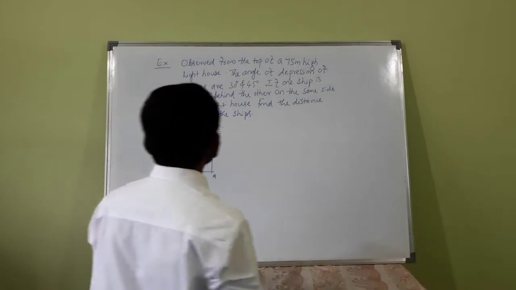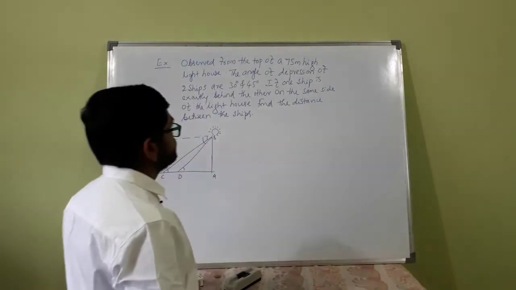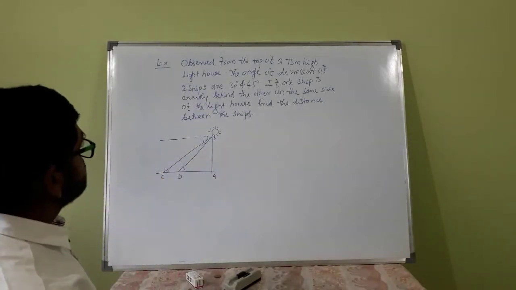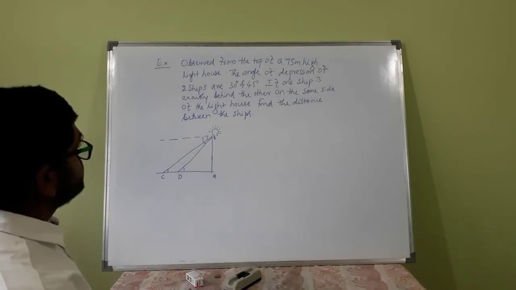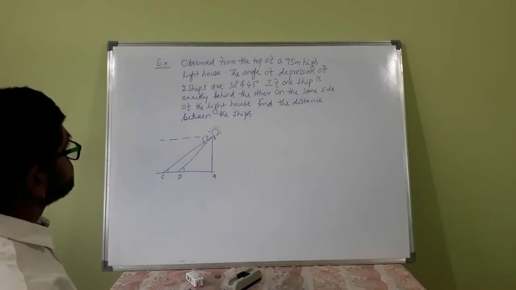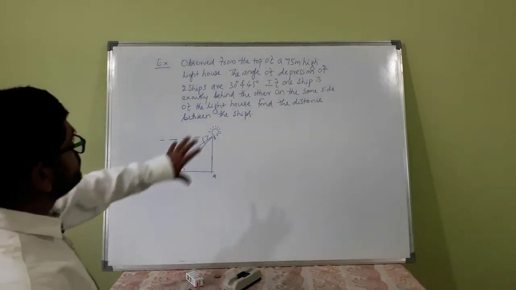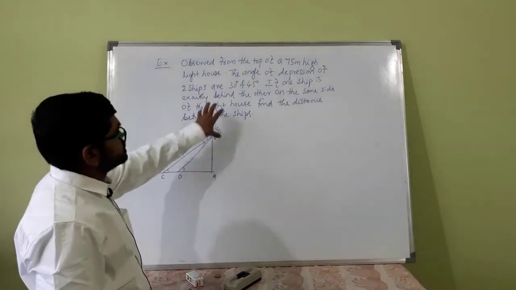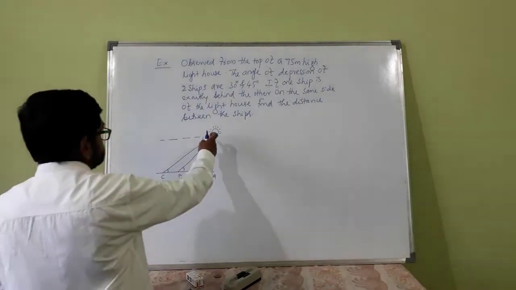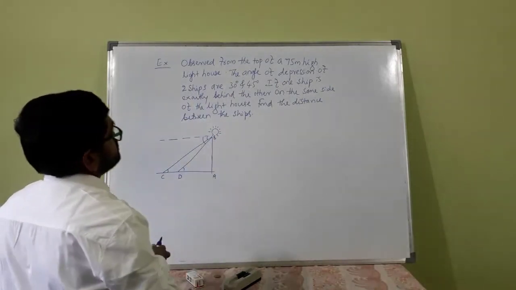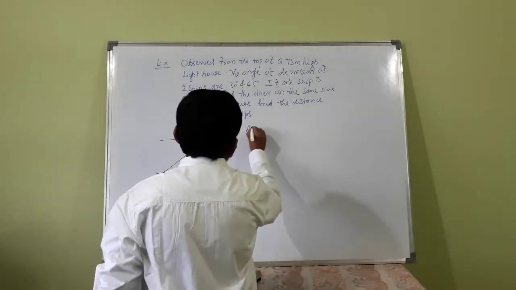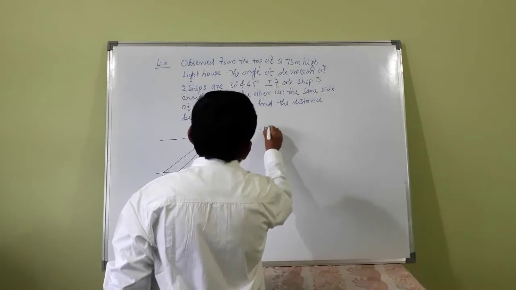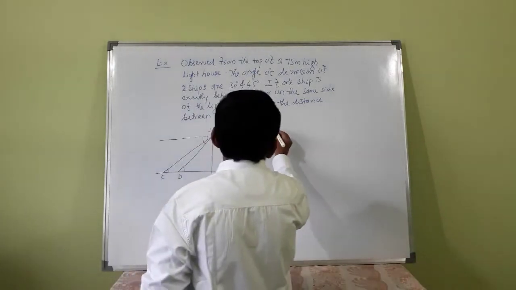If one ship is exactly behind the other on the same side of the lighthouse, find the distance between the ships. So if you draw the diagram of this content, suppose AB is the height of the lighthouse.